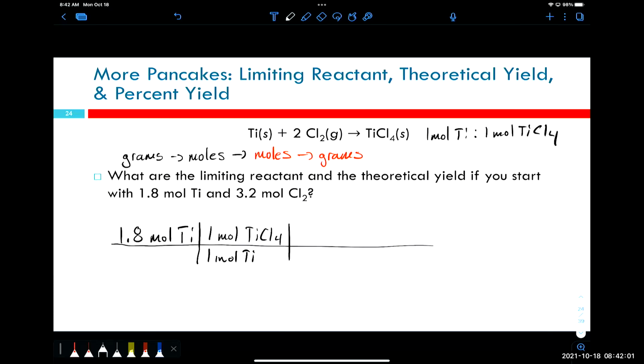So we can do this still, right? Because it's for every 1 mole, we get 1 mole of titanium chloride. So that's the conversion ratio between the two. So it doesn't matter the quantity that we start with. It could be 1.8, it could be anywhere in between. It's like converting centimeters into meters, right?